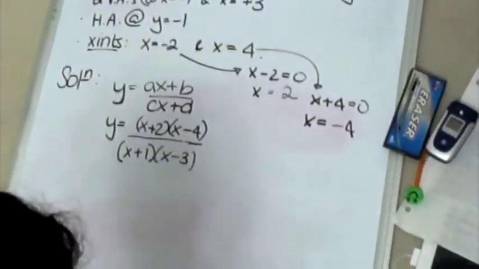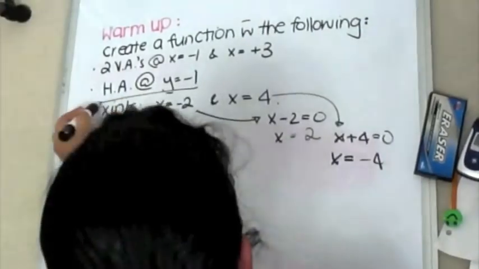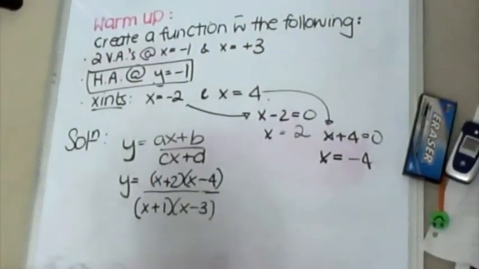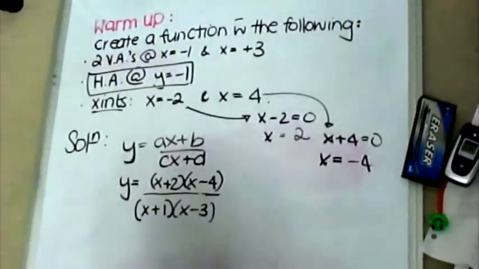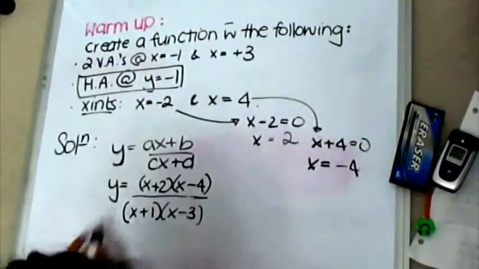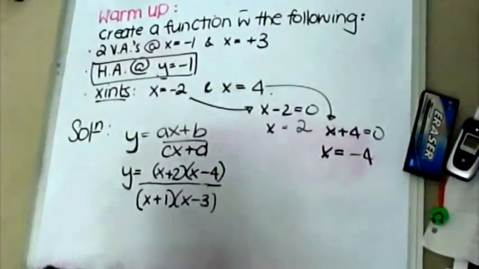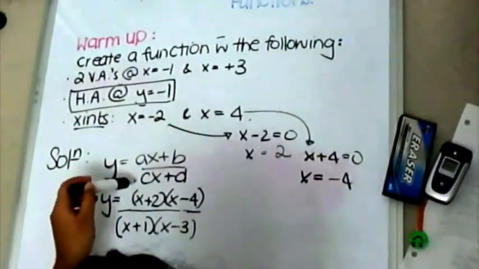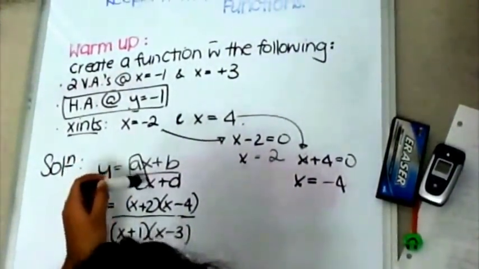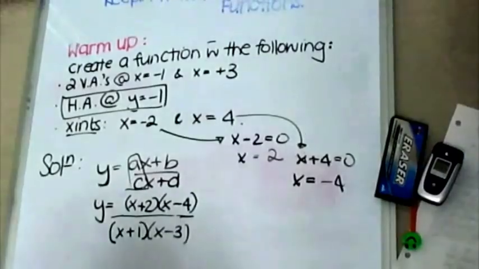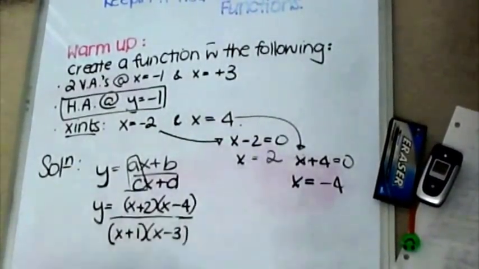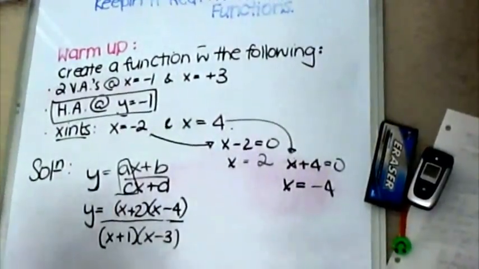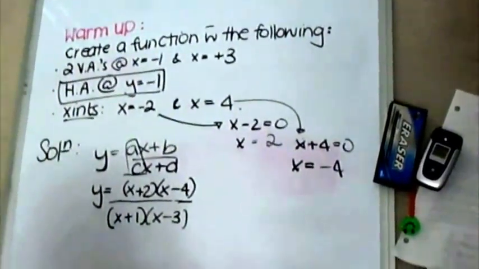Okay, so here's our equation, but we are missing a big part of it, the horizontal asymptote. And the horizontal asymptote is at y equals -1. Usually, if we had a horizontal asymptote, since it is equivalent to the value of a over c, we would have to figure out what our a value or c value is going to be.